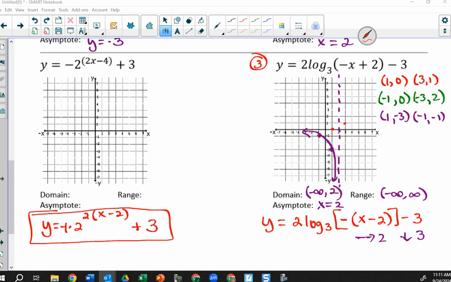It shouldn't affect anything else. Wait, what? Okay, what? No, the base is always positive. That's why I rewrote it -1 times 2. Okay. The only thing by taking out that 2 only affects how much going to the right. Everything else is going to be the same. Yeah, you did the horizontal compression. You multiplied your x values by 1/2. I multiplied my x values by 2. And nope, not by 2. By negative. No. Thank you, Ben. You two talk.